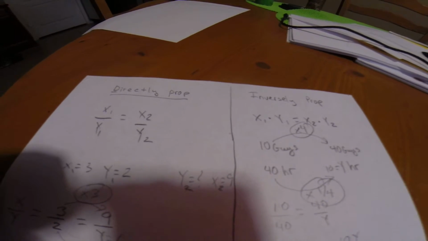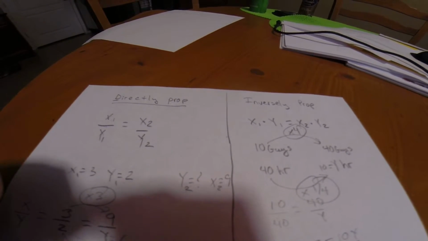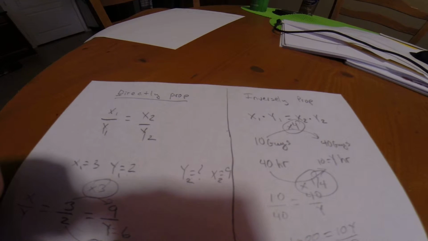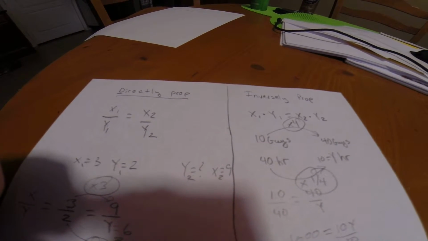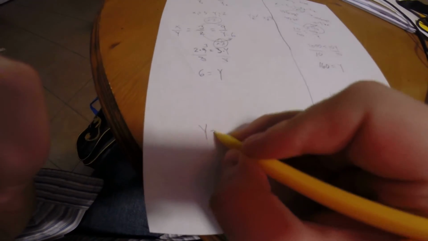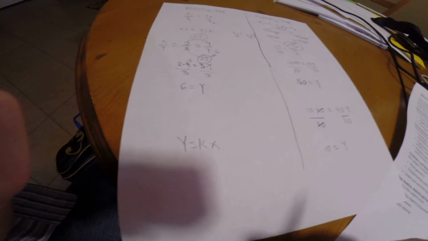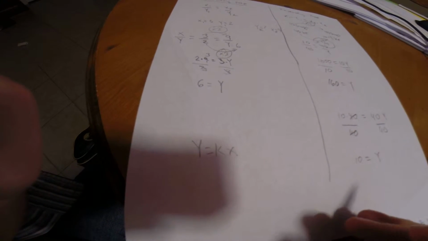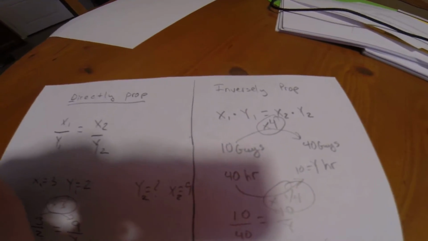One last comment, and I promise I won't keep talking after this. You may see different formulas. Different teachers use different formulas for this. For example, direct could be y equals kx. My advice to you is to stick to the direct and inverse. I think this is more intuitive.